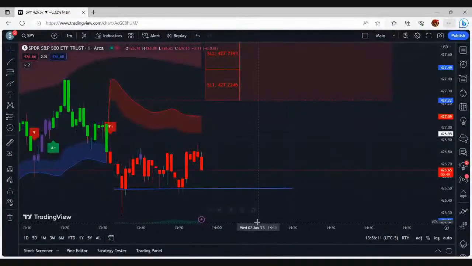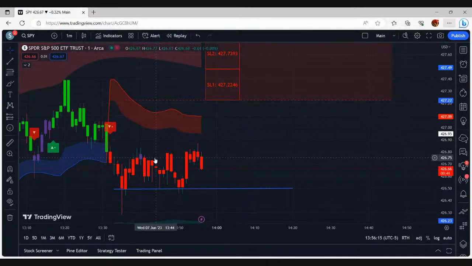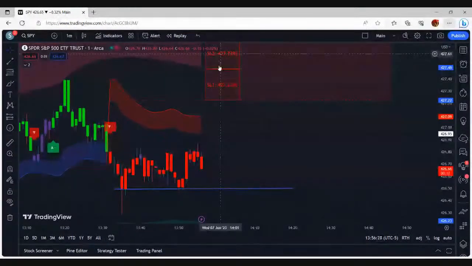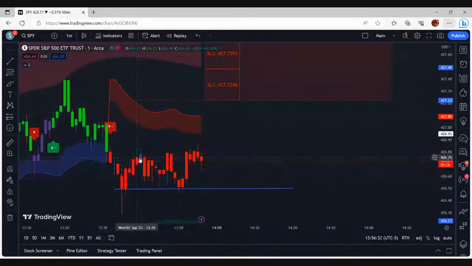I know it's tough. This is the worst type of trading with Lux, where it just kind of goes sideways like this, and you're forced to take these little crazy bumps. You're not forced to do it. That's the whole point.